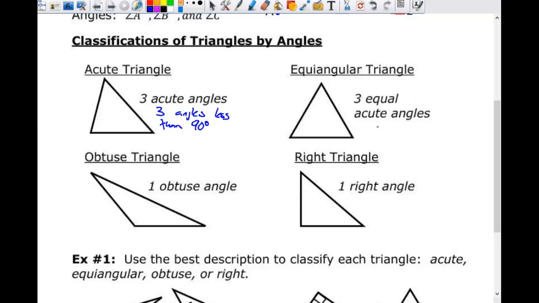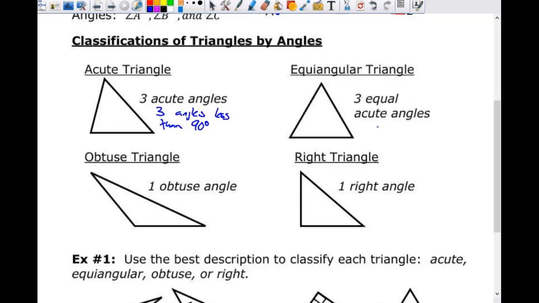Without just guessing, an equiangular triangle has three equal acute angles. Does anyone know how many degrees each angle has to be? It's 60. Why is it 60?